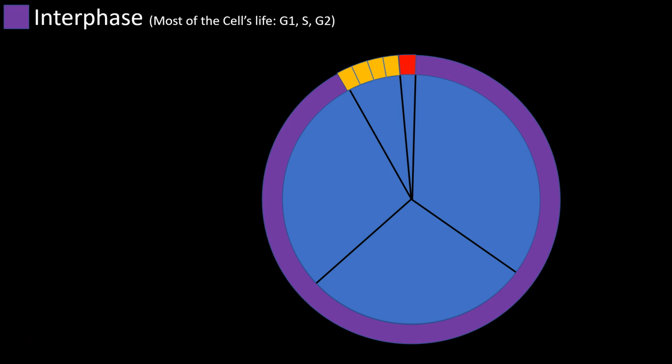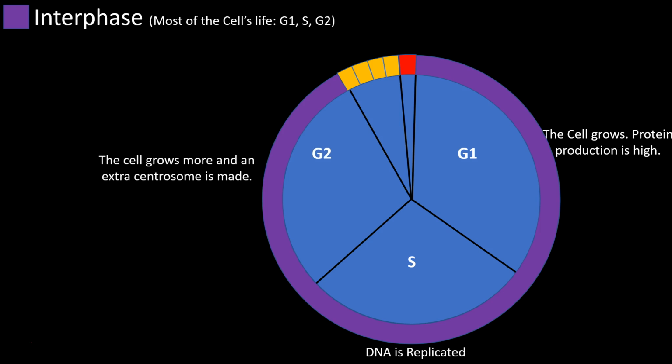Let's refresh your memory on the cell cycle. We started off with interphase. In interphase, there's 3 subparts. G1, the cell grows. S phase, DNA is replicated, and lastly, G2, the cell is going to grow more. After the cell grows more, we're then ready for cell division, or mitosis.